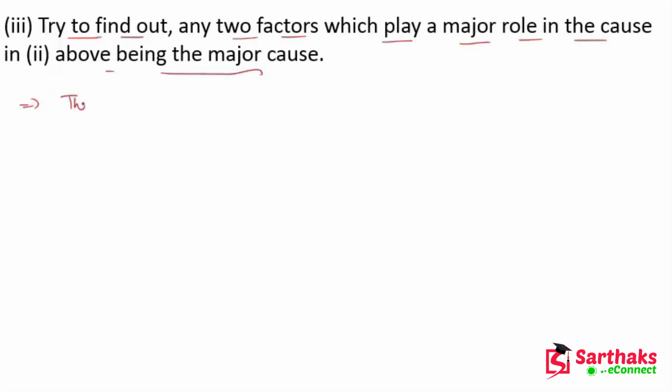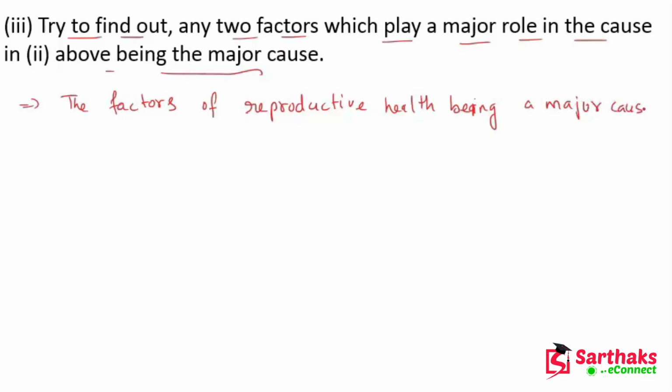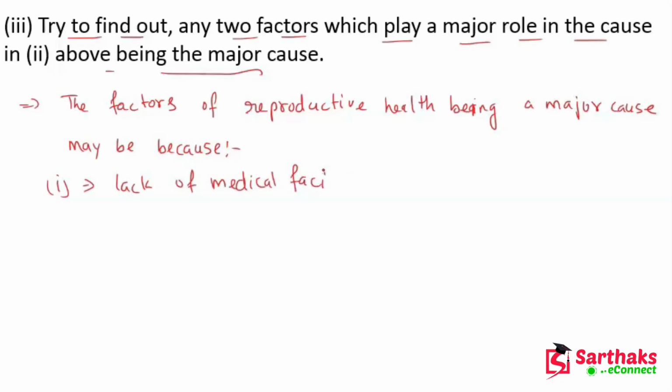So here we can write the factors of reproductive health being a major cause may be: the first may be lack of medical facilities.